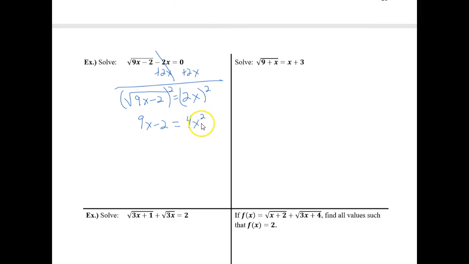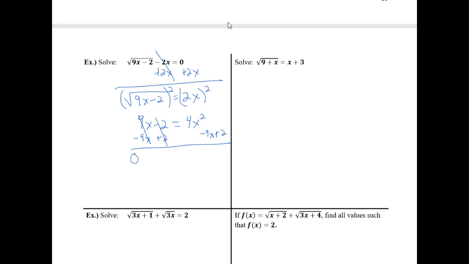With a quadratic equation, I need to get everything on one side and try to factor. So I'm going to move the 9x and the 2 over to the right-hand side, right? I want to keep that x squared positive. So I get rid of those.